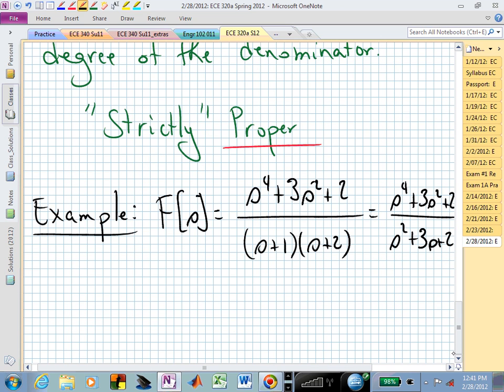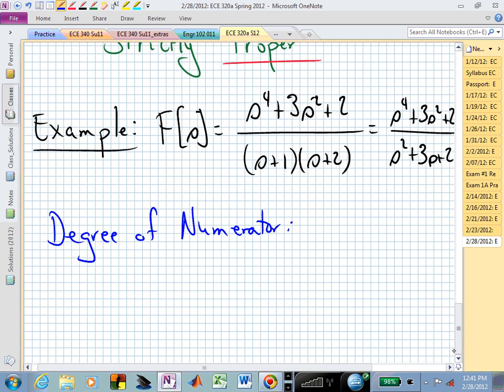Now that you've multiplied out the denominator polynomial, typically we want it factored, but what's the degree of the numerator? And also, what's the degree of the denominator? What's the degree of the numerator? 4. So this should be fairly straightforward.